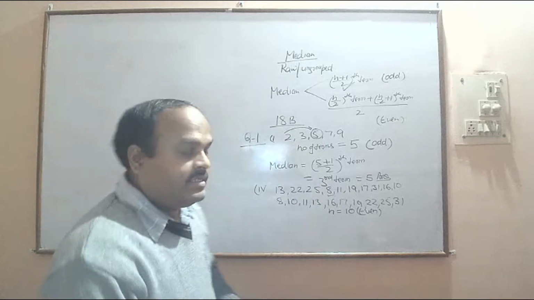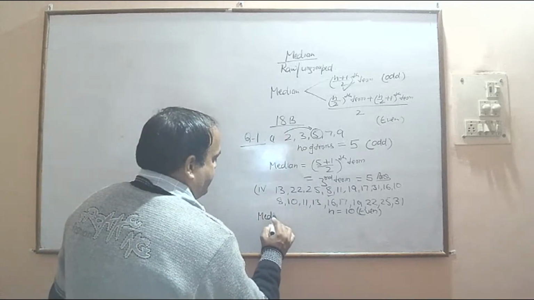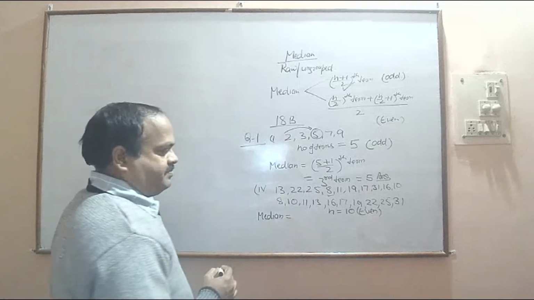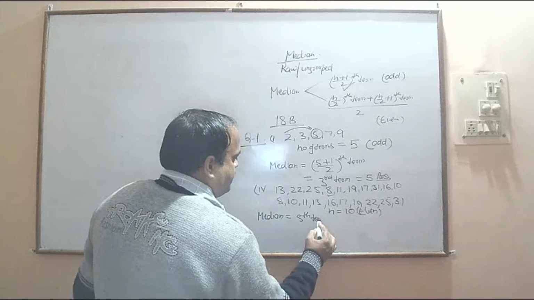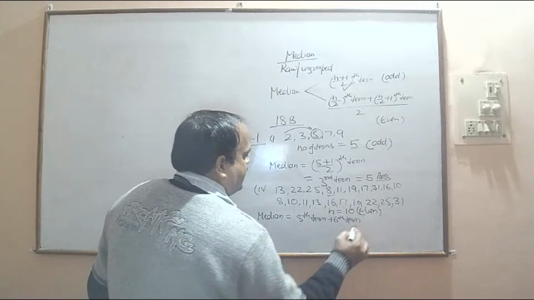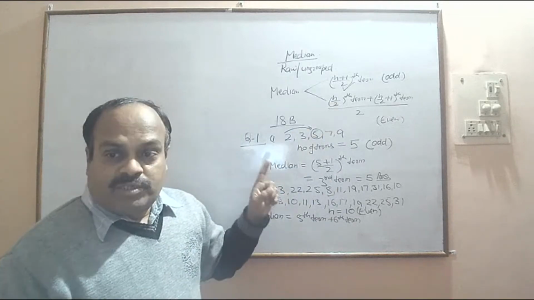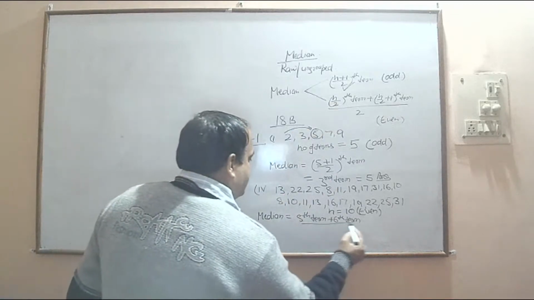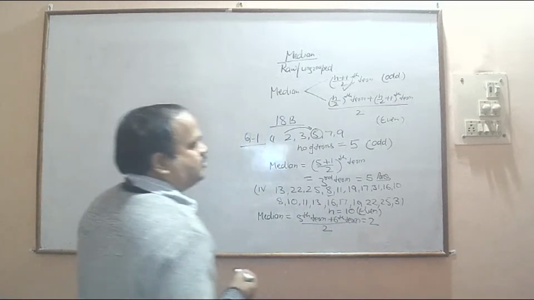Remember it. So median is equal to the fifth term plus the sixth term, divided by 2. How has the 5 come? 10 by 2.